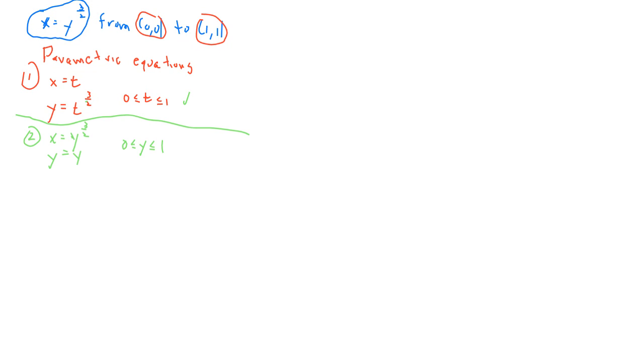You could set y as your parameter, and if you did that, this here would be an equivalent set of parametric equations to the first set. It's just that if you're going to graph it in Desmos, it appears it wants the variable t for its parameter. Are there any questions so far?